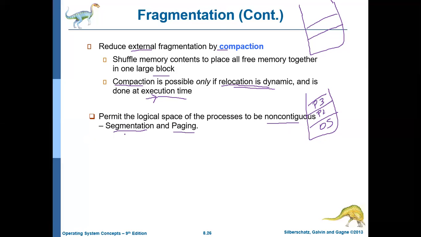These are solutions for external fragmentation. One solution is compaction. Another solution is allowing the process to be non-contiguous, and that is done by two techniques, segmentation and paging. Fine, so that's it about this particular topic.